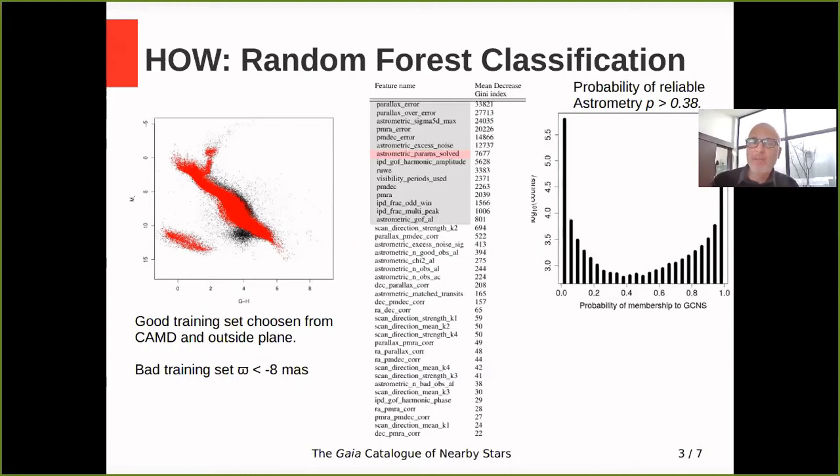And then we analyze the properties of the resulting samples when we change the probability threshold to separate one from the other. And it turns out that a probability of 0.38 is optimal in some sense related to the ROC curve, which results in the sample that we use in subsequent sections of the paper.